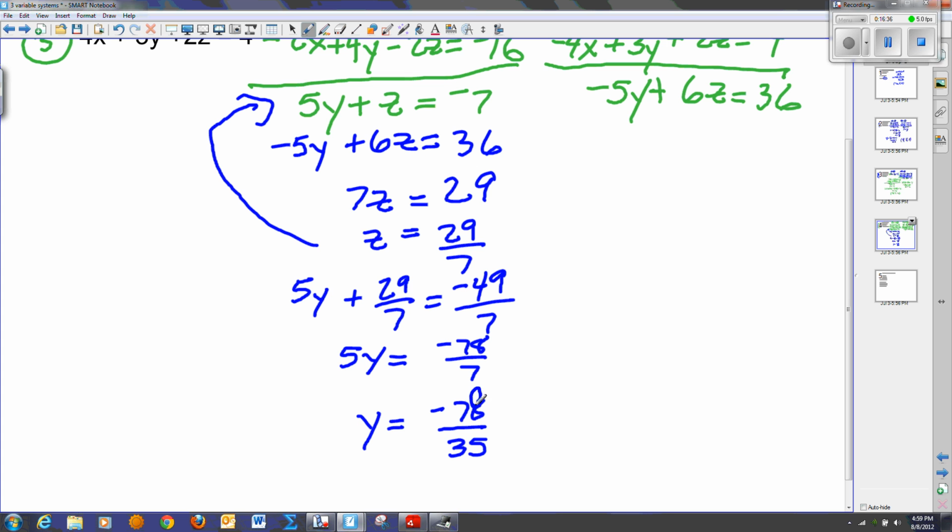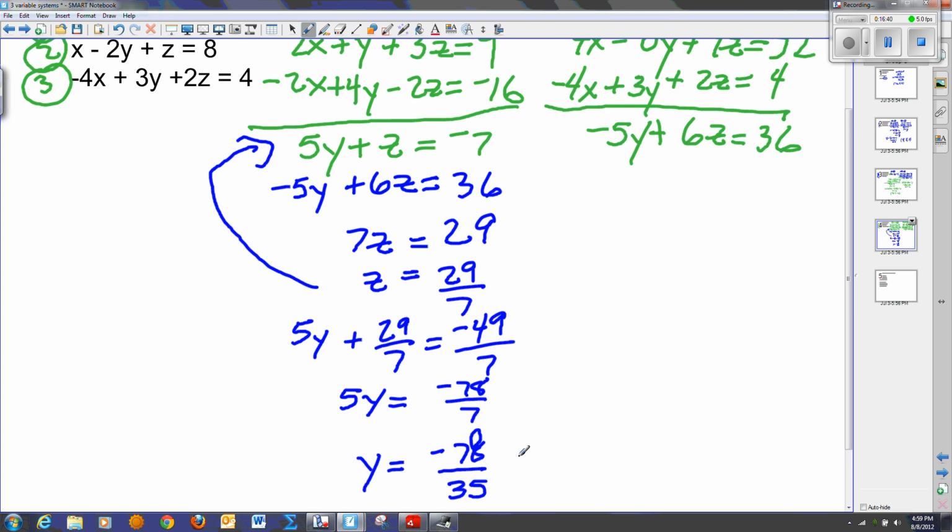And then lastly, I'm going to take the y and the z values and plug them into the second equation. So here we go. Do that in red so we know it's a little different.